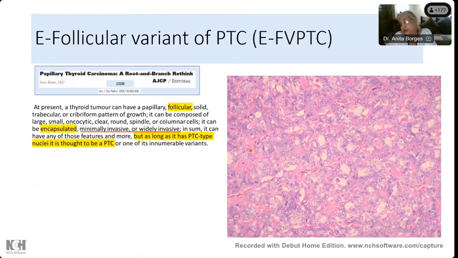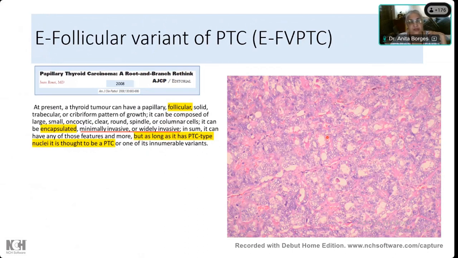Now we come to really the most contentious thing, and that was something that the WHO called non-invasive follicular tumor with papillary thyroid-like nuclei, okay? And this was what for years we called, right up to 2016, the encapsulated follicular variant of papillary thyroid carcinoma.